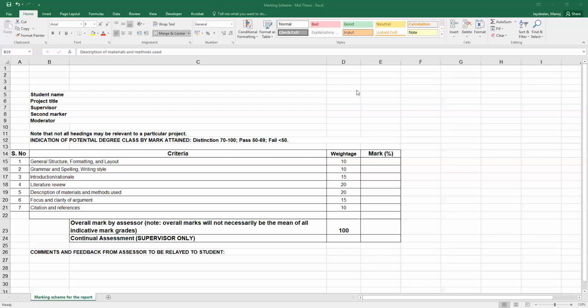Okay, one student says he or she couldn't see the marking criteria. What about the rest? Can you say it in the chat message, please?